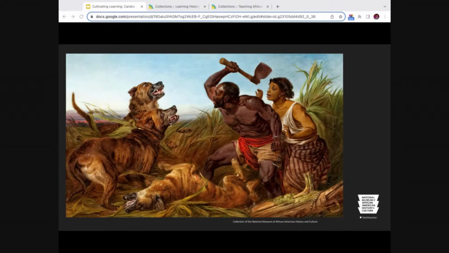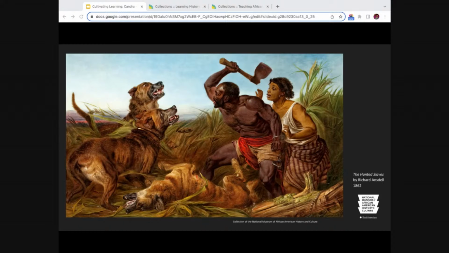Philippa, if we could pop to our next slide. So the artwork that we've just looked at and that we are continuing to see on our screen is called The Hunted Slaves. It's painted in 1862 and was used as a piece of visual evidence in the abolitionist campaign against slavery.